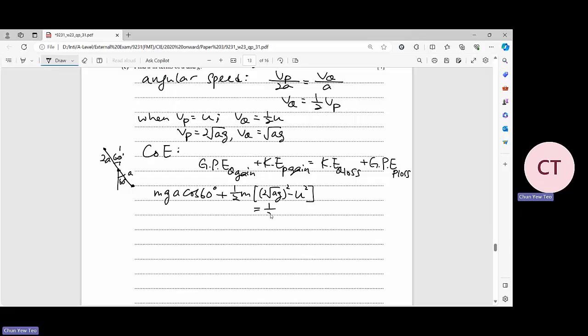KE of Q loss will be half m, the initial velocity U squared minus the final, which will be (1/3 ag) squared, plus the GPE gain. This one is 2a cos 60. mg 2a cos 60.